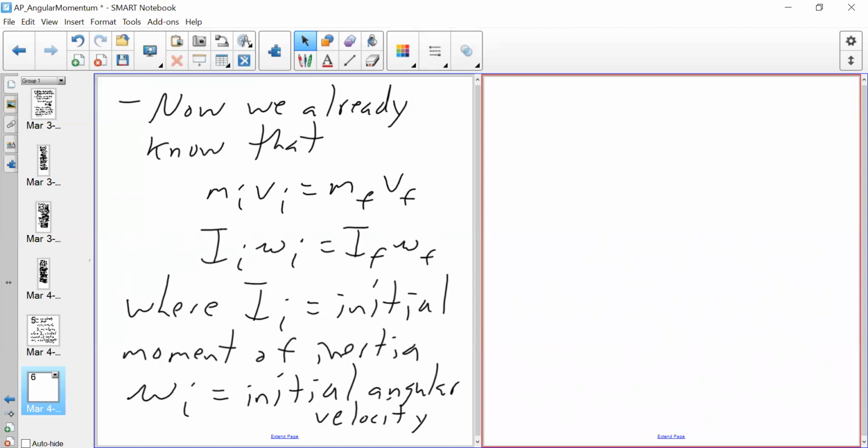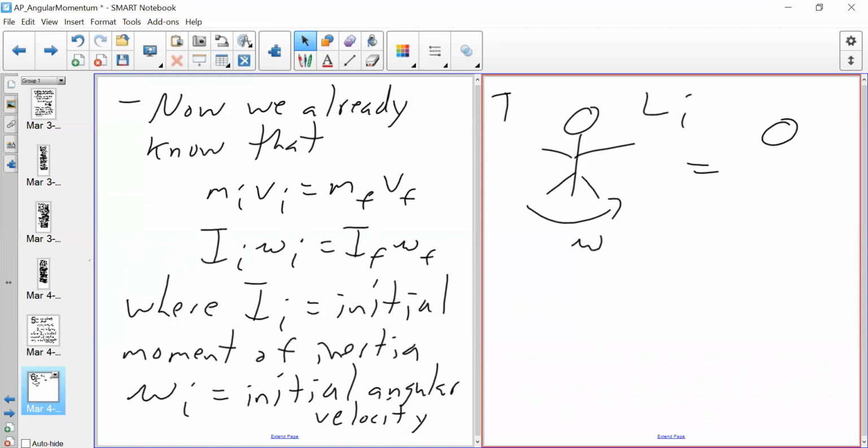So let's say the beginning case, stick figure, they're spinning around their center of mass here at omega. So they have some initial angular momentum, but then when they bring their arms in, the moment of inertia is a function of the distance of the arms from the center of mass. So in the final case, the arms are brought in, okay?